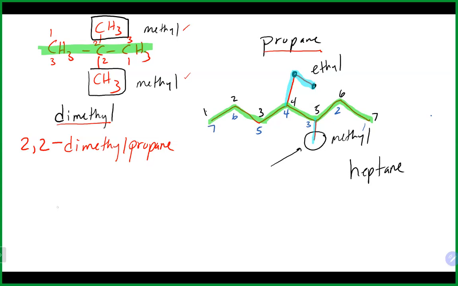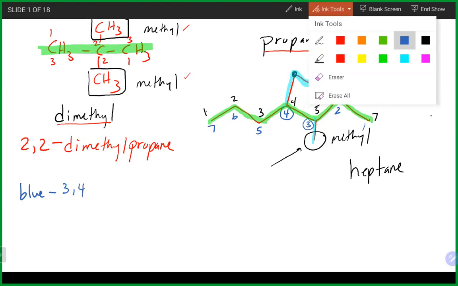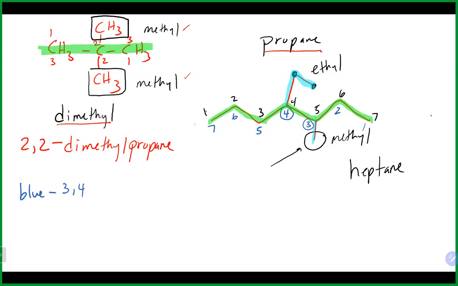So going the blue way here, we have groups at carbon number 3 and carbon number 4. Going the black way here, we have groups at carbon number 4 and carbon number 5. So now we actually do have some difference in terms of which way we number it.